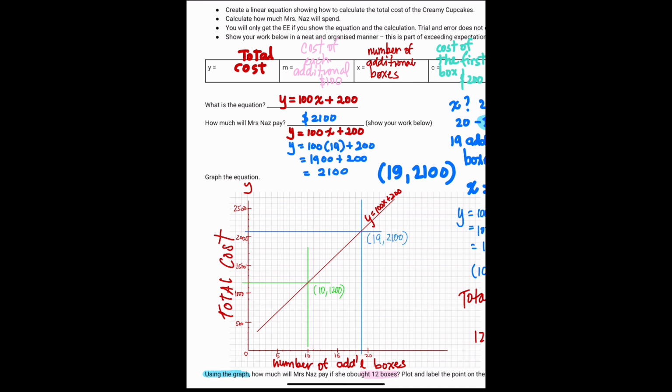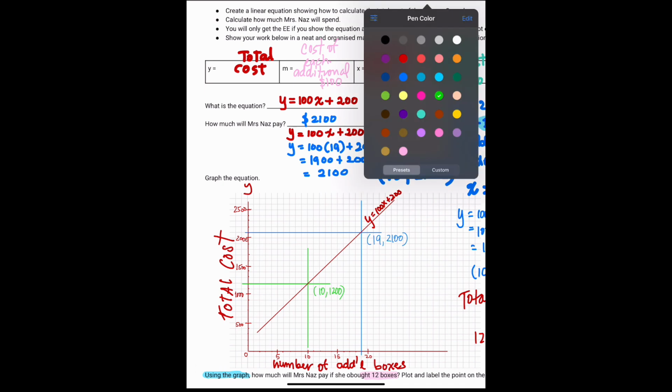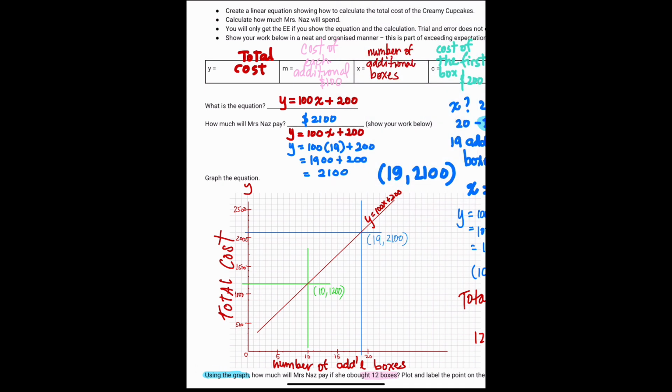Let's do that right now. Let's choose another color, maybe purple. So 11 boxes. And there you see where 11 boxes hit the line? That is where you go to the y-axis, and that is how much Mrs. Nash will pay.